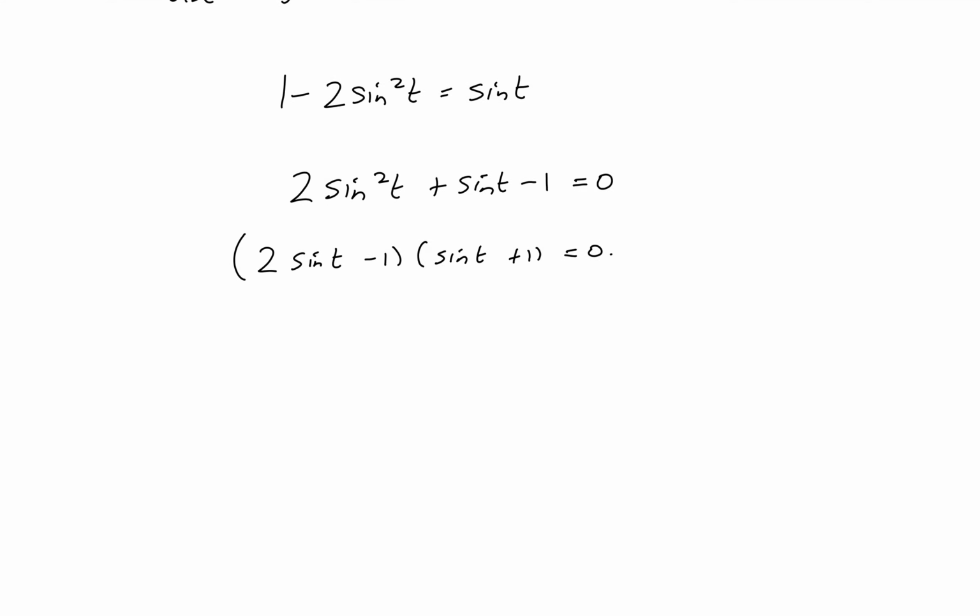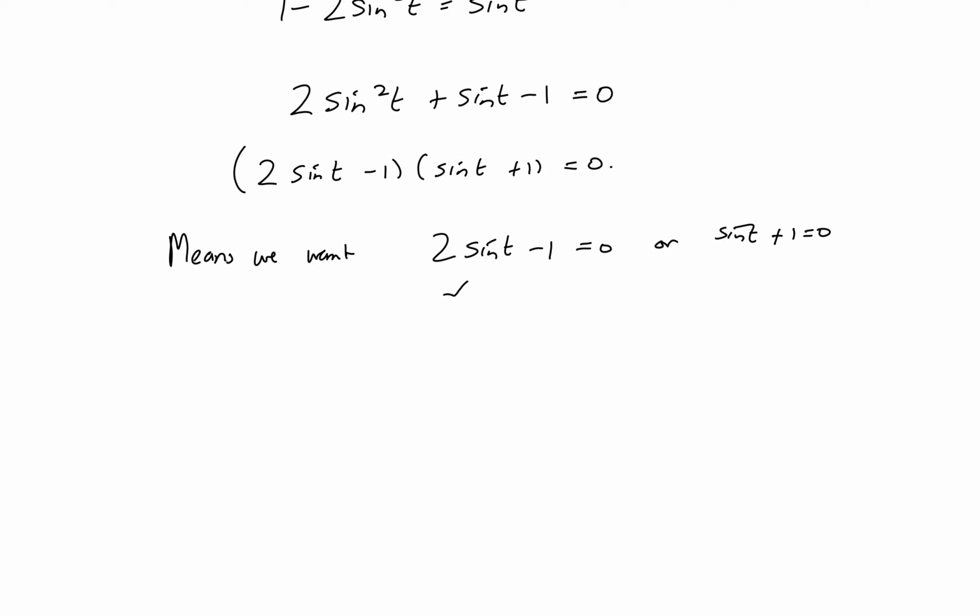This means we want 2 sine t minus 1 equals 0, or sine t plus 1 equals 0. So this one leads to sine of t equals 1/2, and this one leads to sine of t equals minus 1.